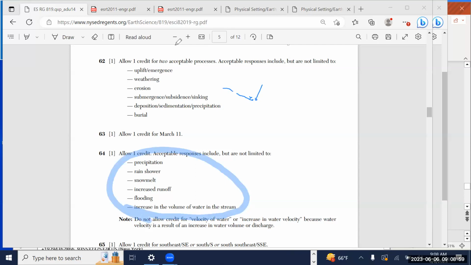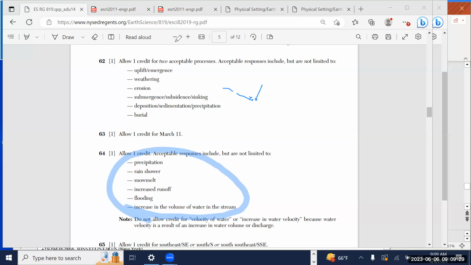Remember, runoff talks about the increase of water that passes, that doesn't infiltrate. Flooding occurs in the increase in the volume of water in the stream. All of these would be acceptable. All right. If you said an increase in water velocity, that would be incorrect. So basically, all of these responses attribute to just you having more water added to the stream.